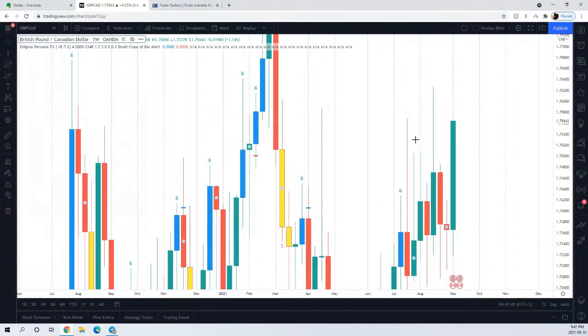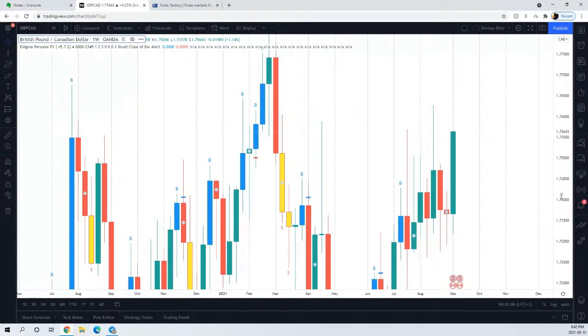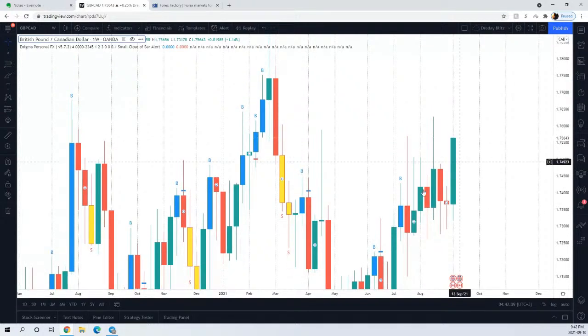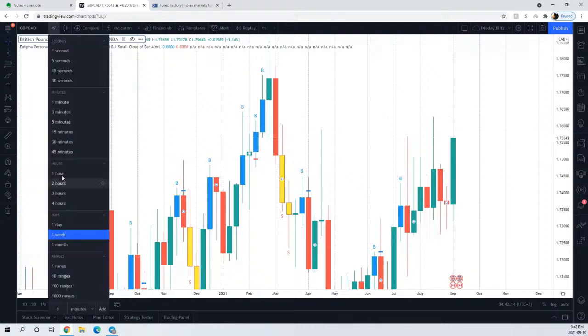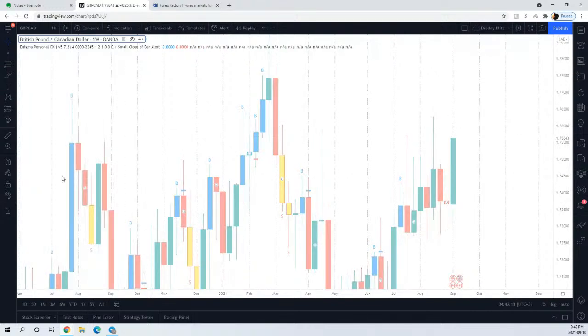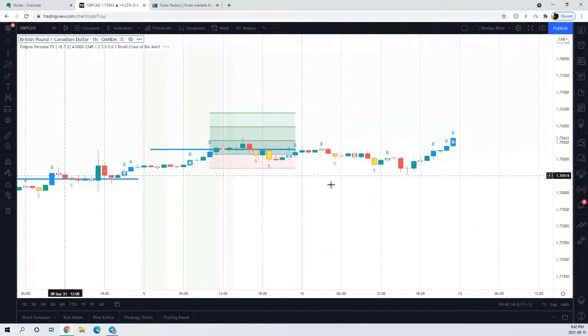Because the British pound was heavily bullish against any pair, and especially for the CAD, because the CAD was really a down trend for the week. It gave you a lot of pips to look at, to take advantage of. So let's go on to H1 to see if we had any entries for a buy.